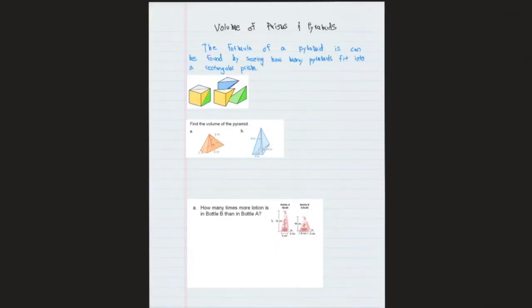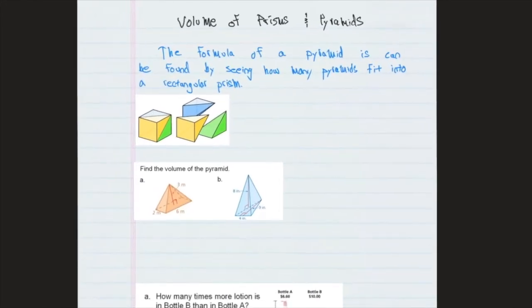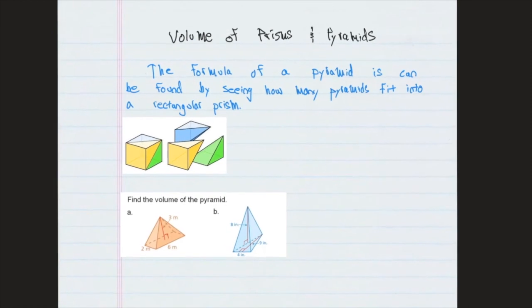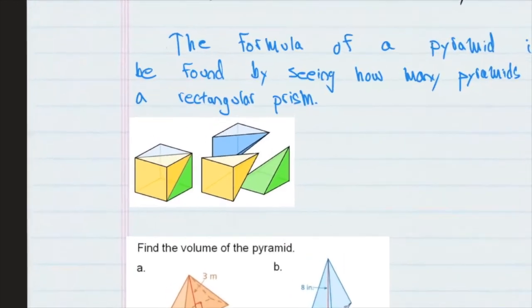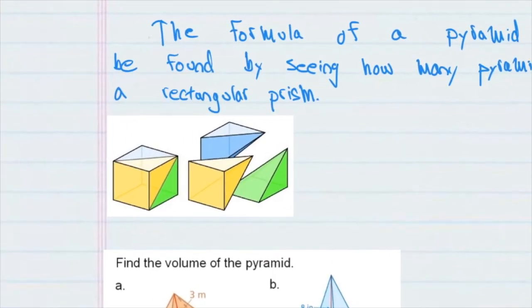The next shape we're talking about is a pyramid. The volume of a pyramid can be found by seeing how many pyramids fit into a rectangular prism. If you take a look at these pyramids here, we've got this yellow one, this green one, and this blue one.